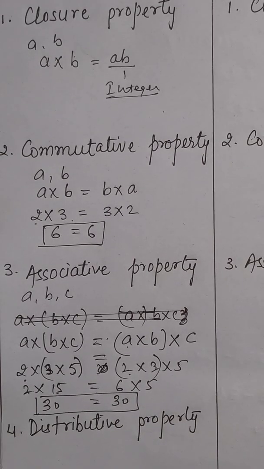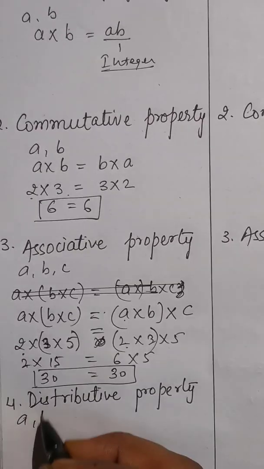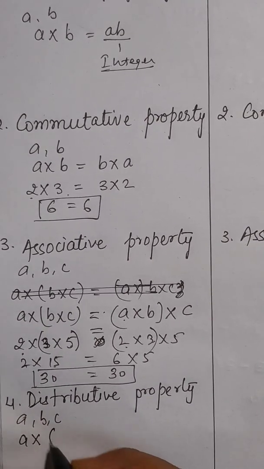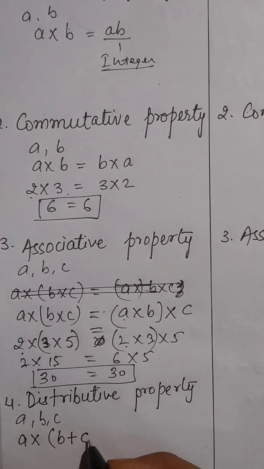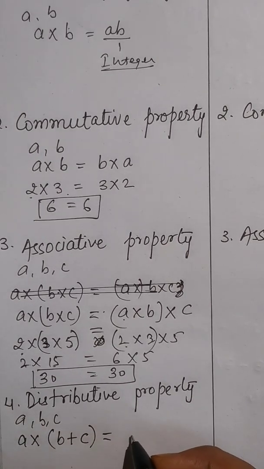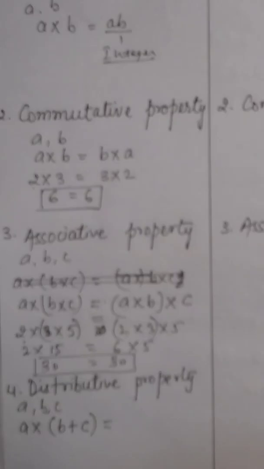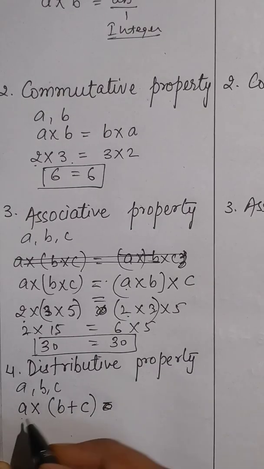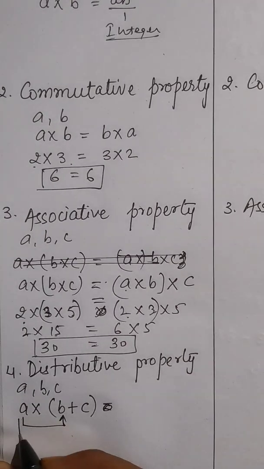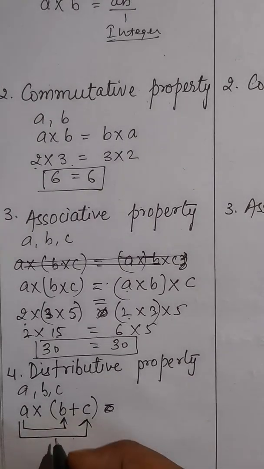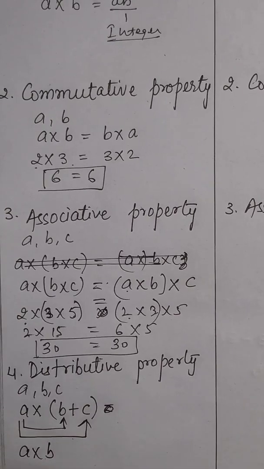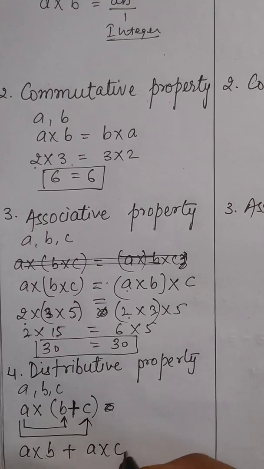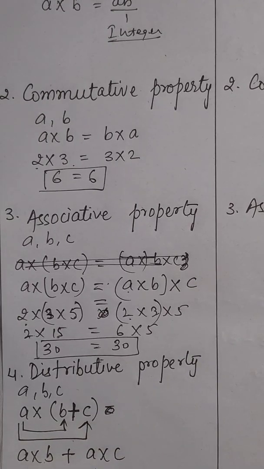Now the distributive property. If we have three integers a, b and c, we will distribute as follows: a multiplied with the sum of b and c gives a into b first, plus a into c. a would also be multiplied with c.